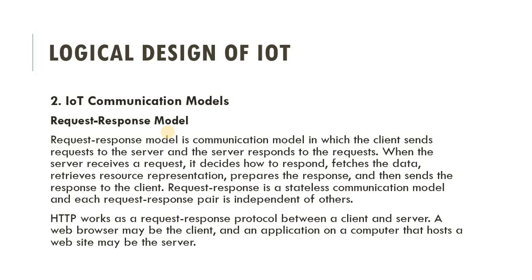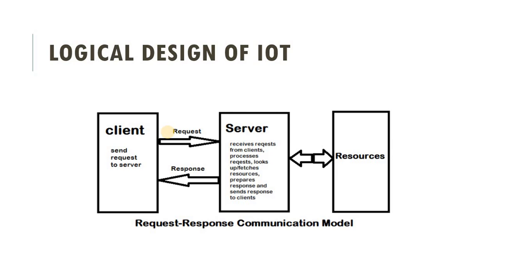The second important term is the IoT communication models. Now we have designed our application, but how will the devices connected in the IoT application communicate? For that, different communication models are available. The first is the request-response model. In this model, first the client sends a request to the server.